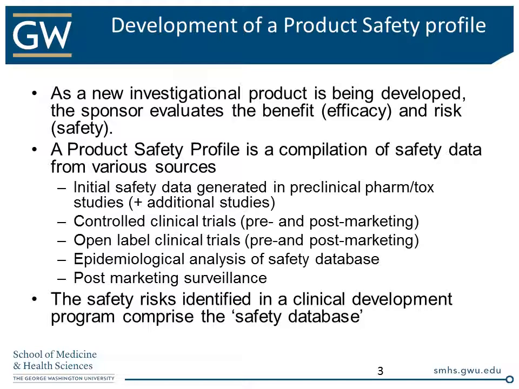An investigational product's risks are evaluated throughout its development. The sponsor initiates preclinical studies once a lead candidate is chosen to enter the sponsor's development portfolio. The safety profile of an investigational drug is created and updated as new safety data are generated from non-clinical studies and clinical trials, which are typically a combination of both placebo-controlled and open-label clinical trials.